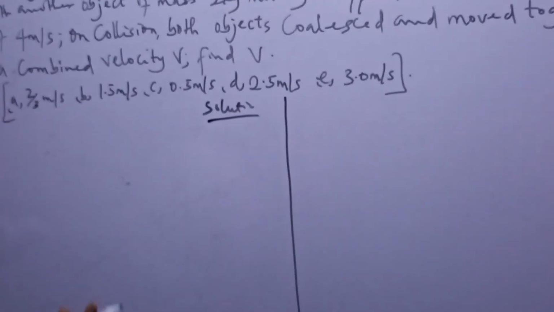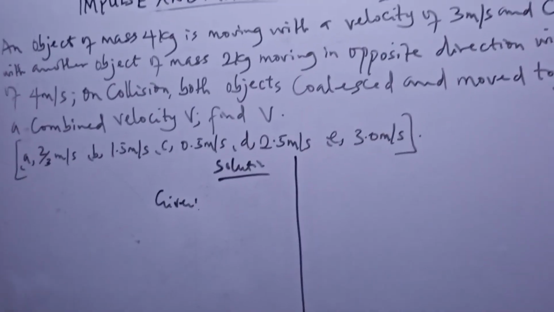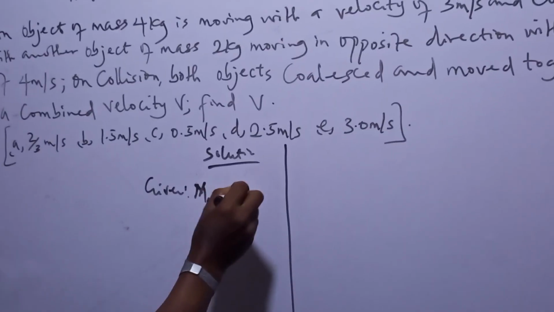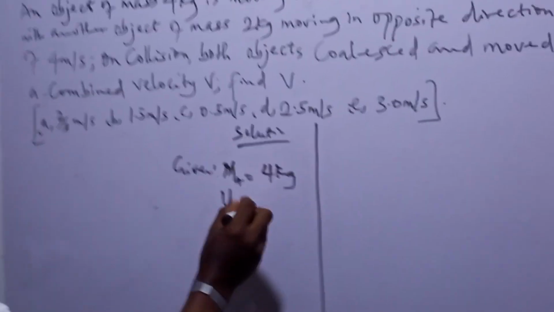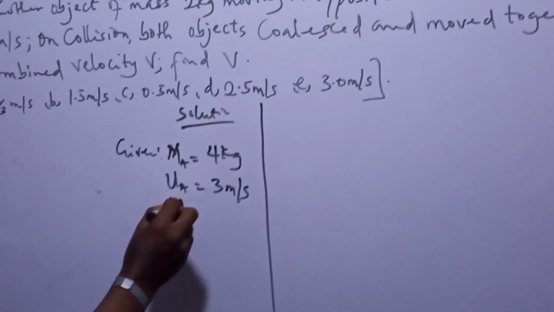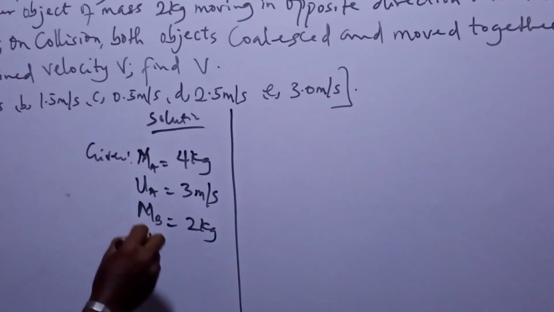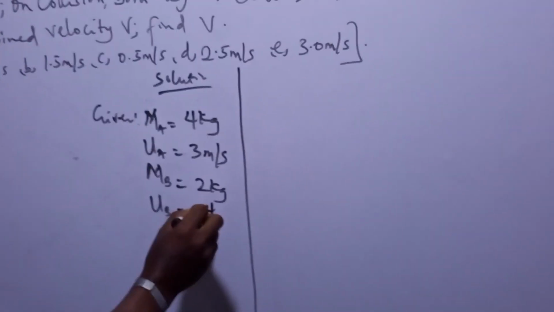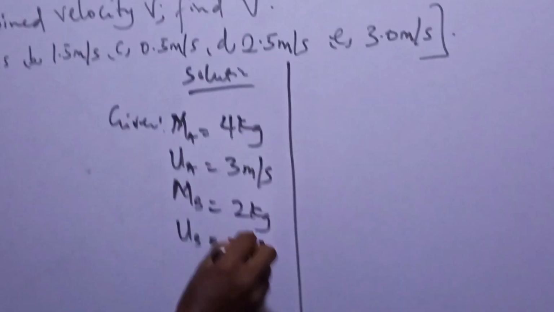As usual, let's see what we are given. We have that the mass of A will be equal to 4 kg. Initial velocity of A is equal to 3 meters per second. I have mass of B to be equal to 2 kg, and initial velocity of B is equal to -4 meters per second.